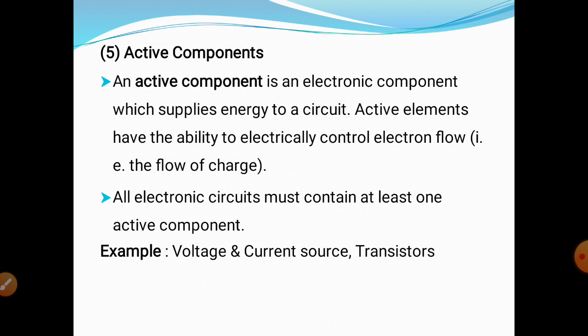All electronic circuits must contain at least one active component. Active components supply the energy to the circuit, that means a voltage or current source. Each and every network has a voltage source or current source placed in it.